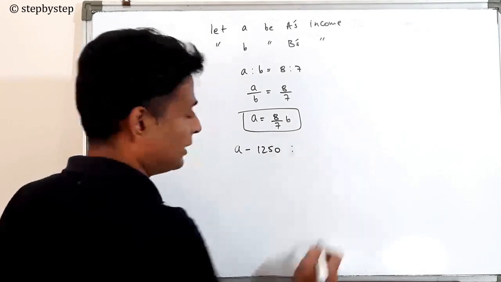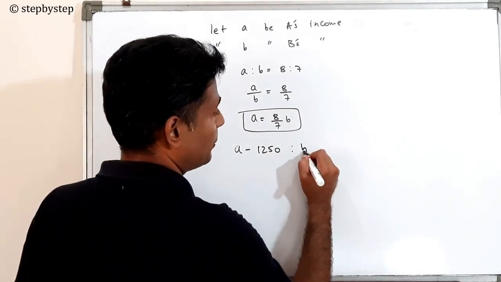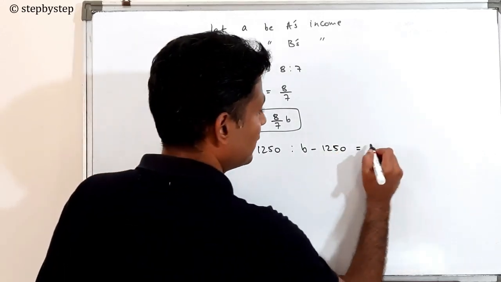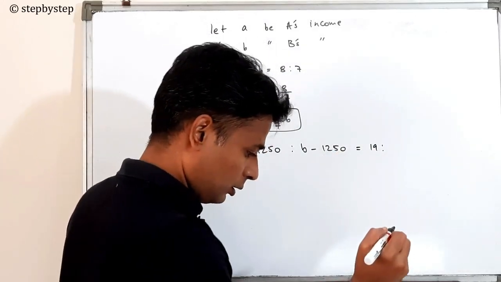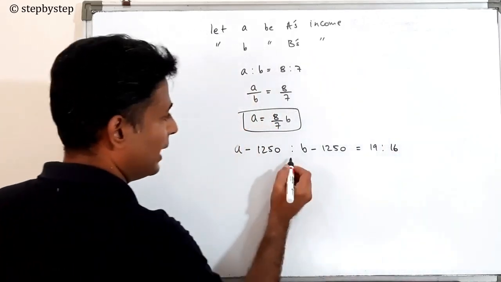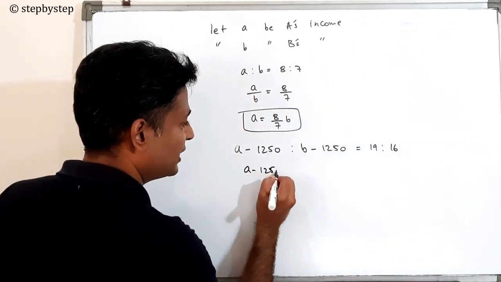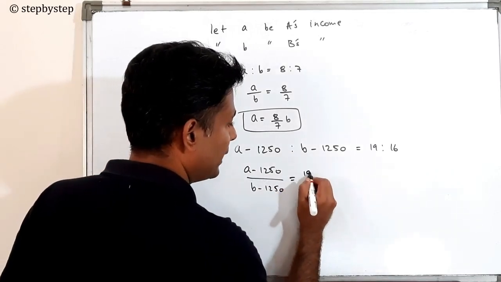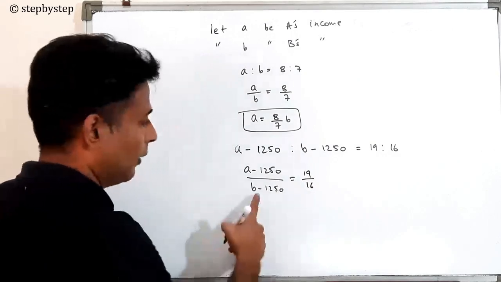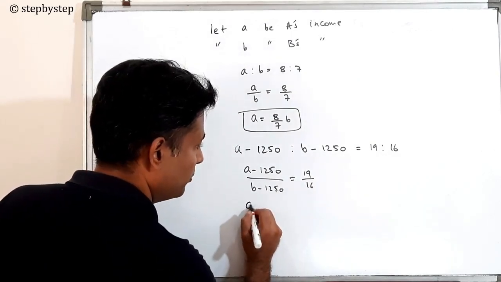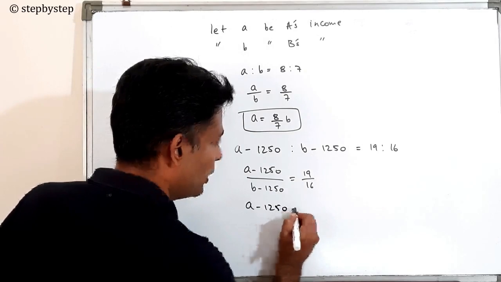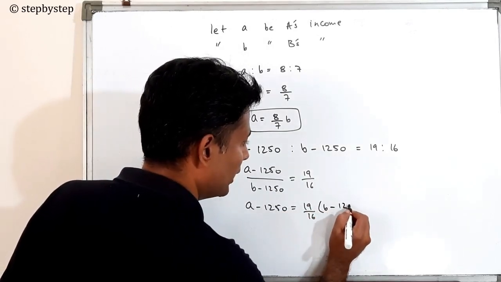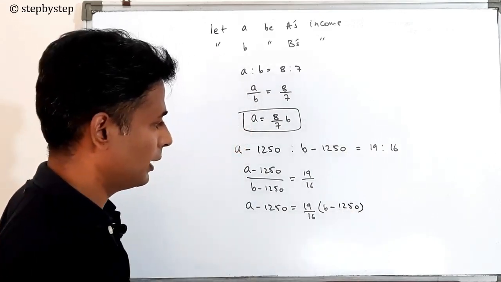They have said this guy's total expenditure to B's expenditure, again B is saving 1,250, is 19:16. So what do we get? A minus 1,250 by B minus 1,250 equal to 19/16. Now I'll transpose B to the other side. It becomes A minus 1,250 equal to 19/16 into B minus 1,250, right?